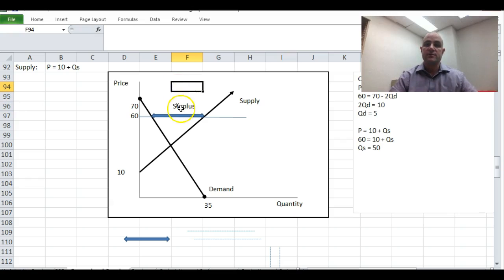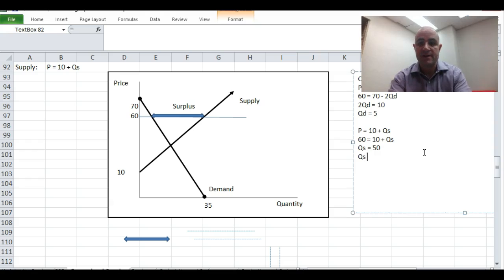Okay, we call it a surplus. So with a surplus or excess supply, there are more units supplied than are demanded. Right? And so our quantity supplied is greater than our quantity demanded at that price. Again, we call it a surplus, or just excess supply.